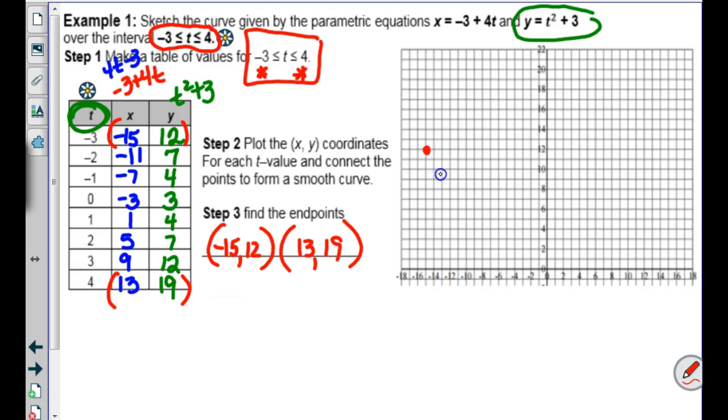All right, I hope you can do better than I do. -11, 7. -7, 4.